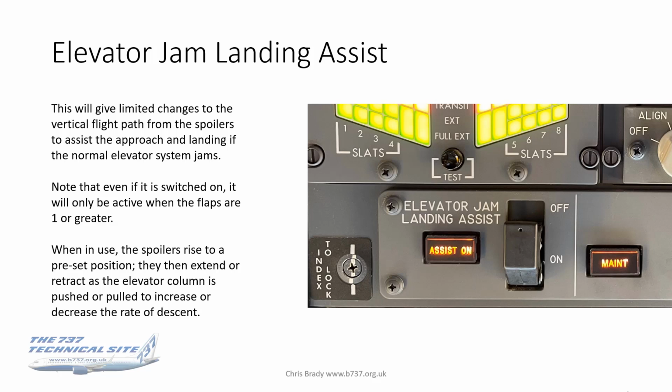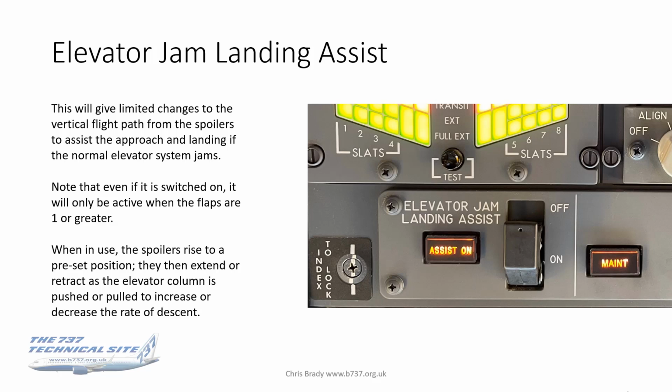And the final thing that the fly-by-wire spoilers give us is elevator jam landing assist. As you can see, there's a switch for this on the aft overhead panel, and this will give limited changes to the vertical flight path from the spoilers to assist the approach and landing if the normal elevator system jams.